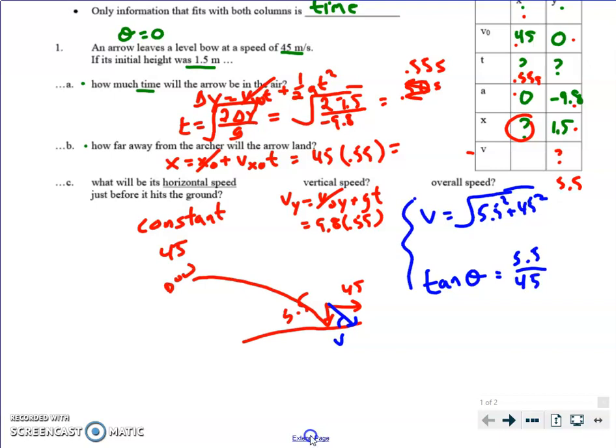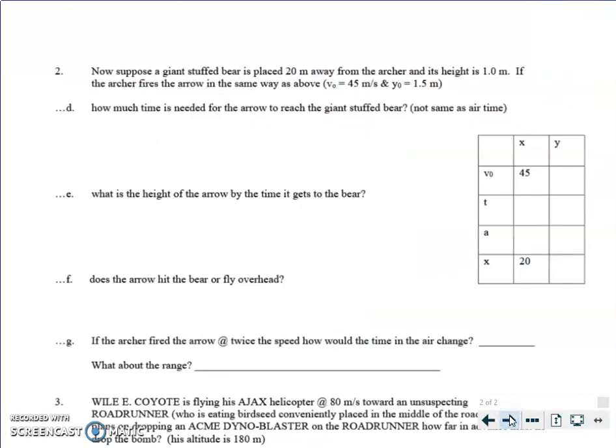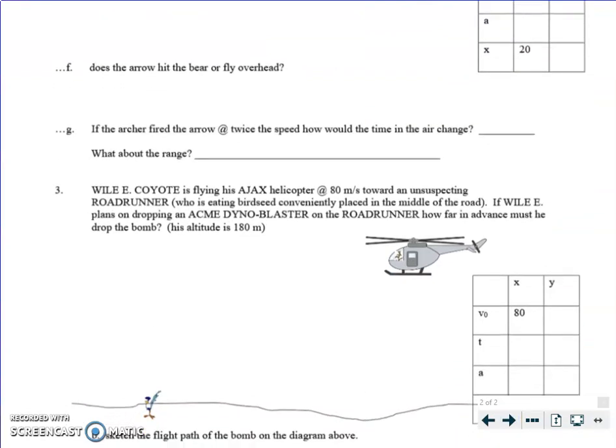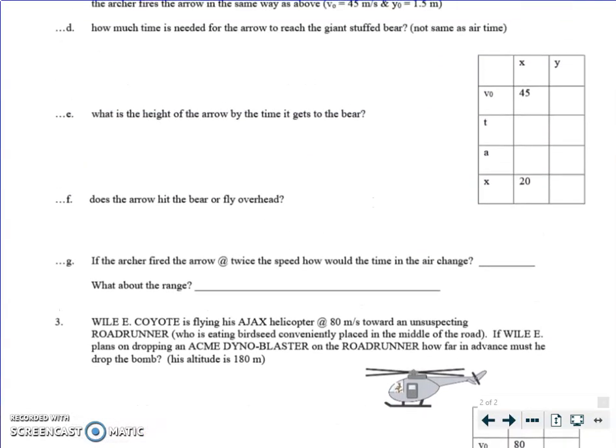So to finish up the tutorial, I want you to do the following two example problems. Okay, the answers are at the bottom. I've kind of set up the initial information as it carries over from the previous problem, so that's why it's called D, E, and F. And the idea is now the archer, if here is the bow, firing the arrow, we're going to try to hit a target that's over here somewhere.